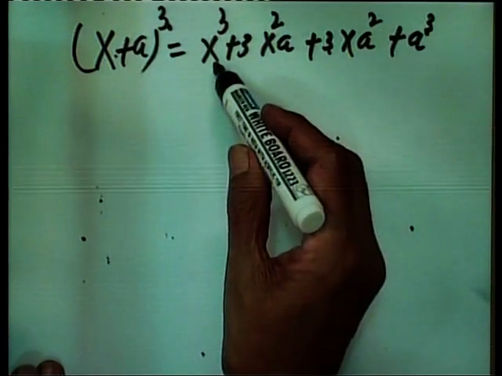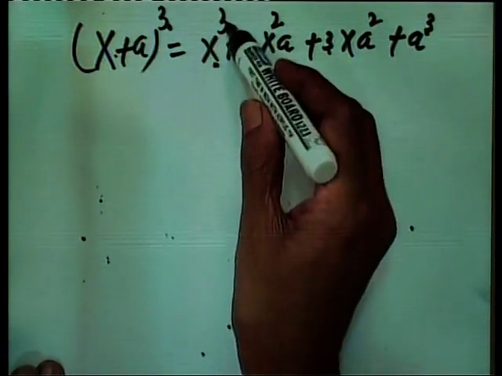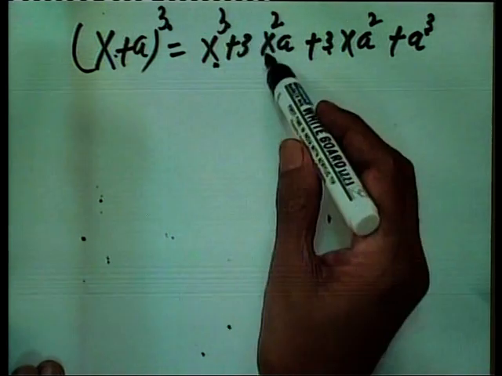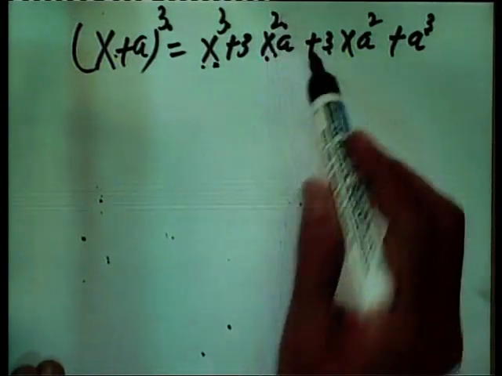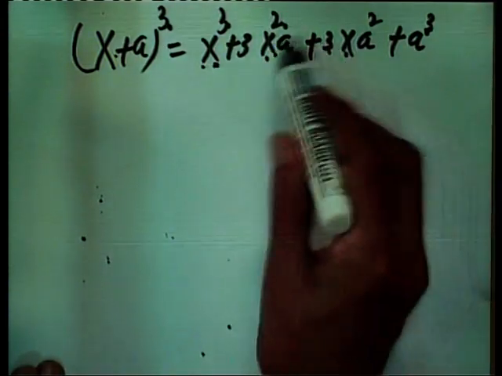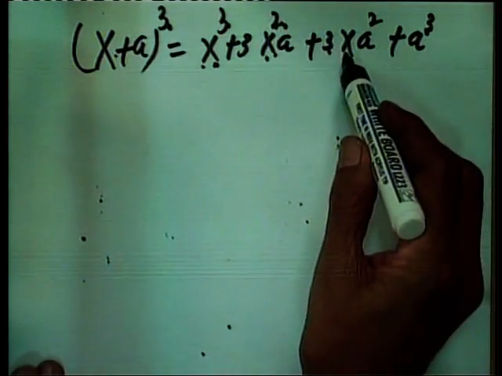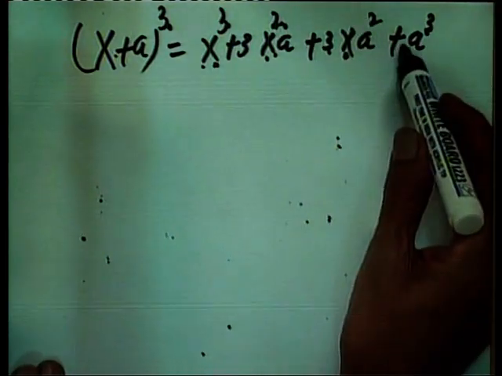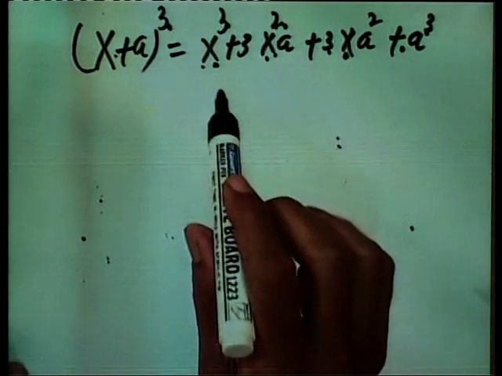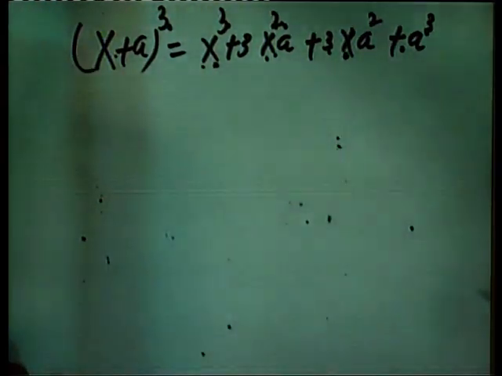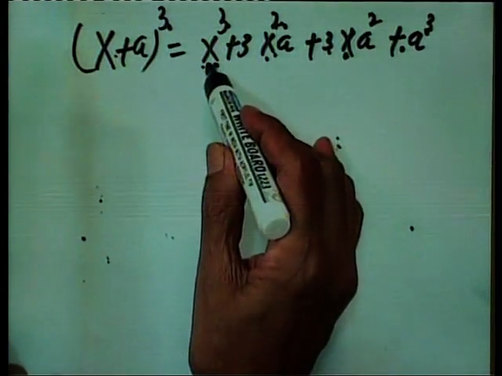So, the first term of x is x cube. Next, the power of x is decreasing, that is x square. Second time it is x, once again 2 minus 1, that is x raised to power 1, and here x raised to power 0. So, apparently the powers go on decreasing if you consider x.